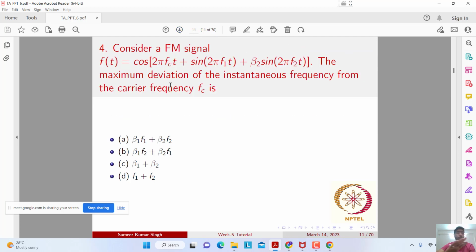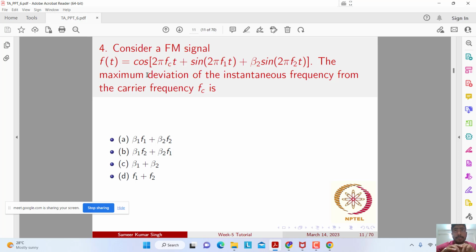Okay, so that is question number 4. Question number 4 is: consider the FM signal that is given there, the maximum deviation of the instantaneous frequency from the carrier frequency fc. So there you have to calculate the frequency deviation, that is also denoted by delta f.